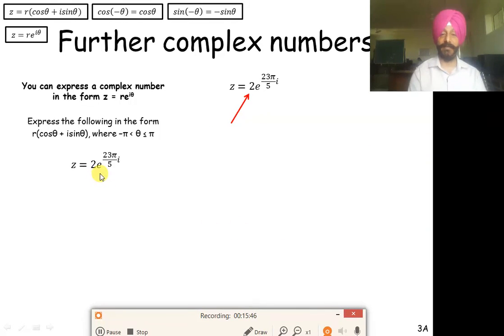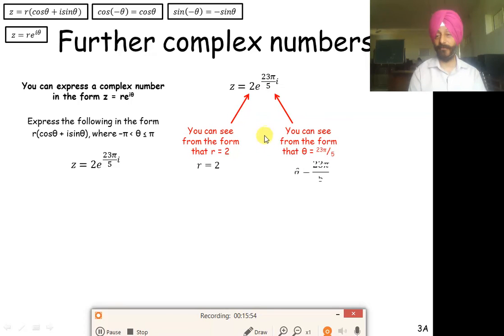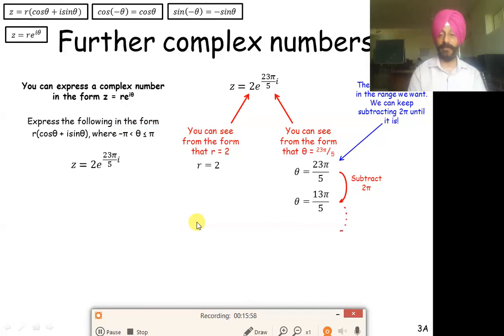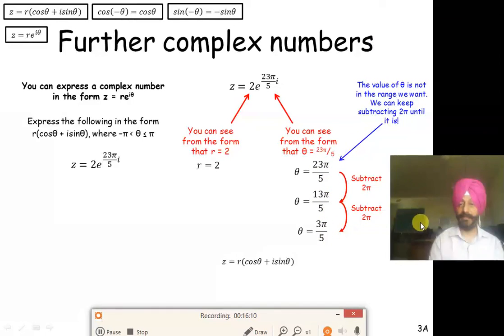Similarly, another question, z is equal to 2 e raised to the power 23 pi by 5 times i. So r is equal to 2, but theta is equal to 23 by 5 pi. Just see that the value of theta is not in the range.